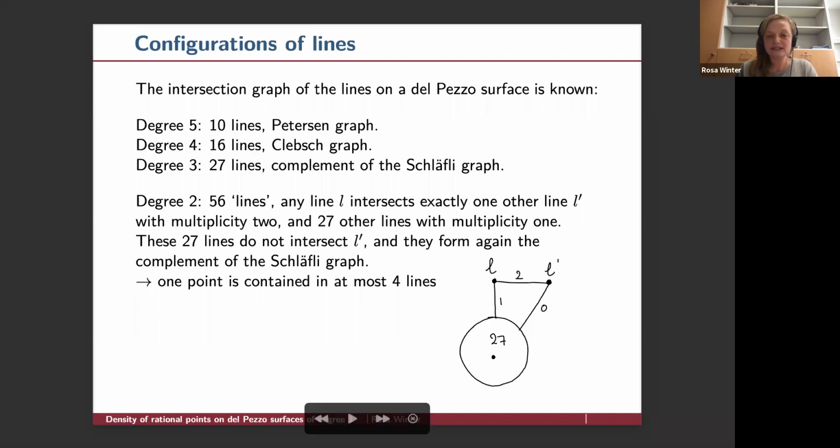The other 27 do not intersect its partner, so this is intersection multiplicity 0, and they form again the complement of the Schläfli graph. So the graph is still quite nice to describe, and from this we can also see that on the Del Pezzo surface of degree 2, there are at most 4 lines that go through one point. Because of these 27, which correspond to the lines on a cubic surface, we know that there were at most 3 lines going through a point, and we have 1 extra line intersecting them all.